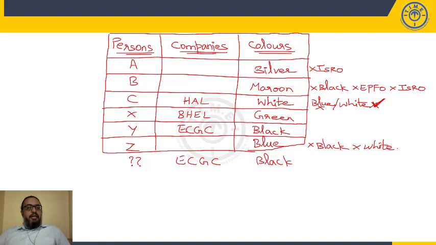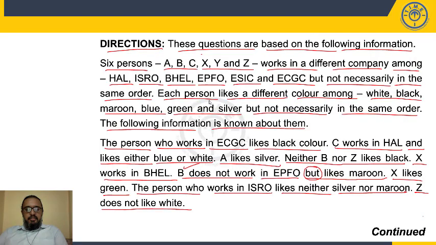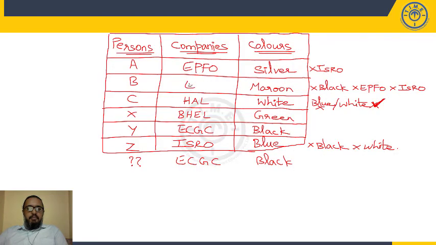A does not like ISRO, B also does not like ISRO, so Z should be given as ISRO. And then B does not work in EPFO, so A will be EPFO. The remaining company is ESIC, which will be given for B. So this is how distribution works.